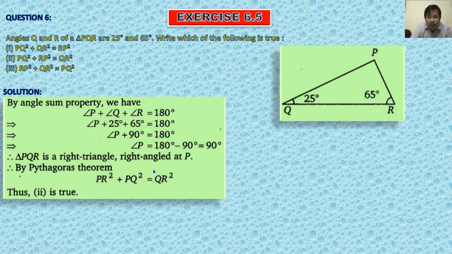That means the hypotenuse is here and the other two legs are here. It doesn't matter that we change the order of the sides, it is the Pythagoras property only. So number 2 is holding the property of Pythagoras, so number 2 is the correct one. This is the answer of question number 6, and let's go to question number 7.